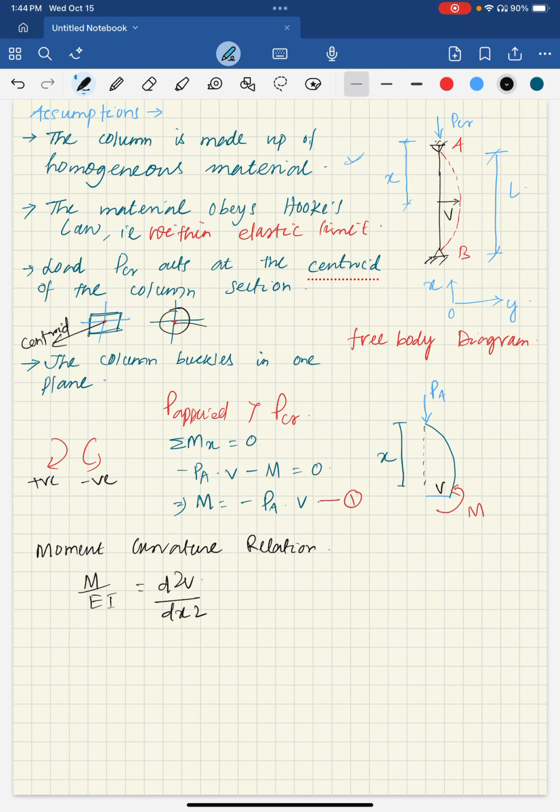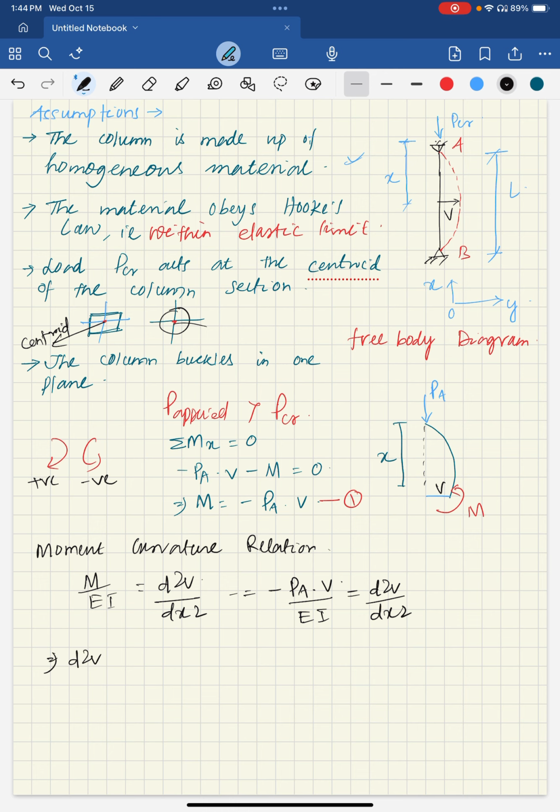Here P is the magnitude of buckling, that's along the y-axis. Now replace the value of M here. You have minus PA times P by EI equal to d square y by dx square.